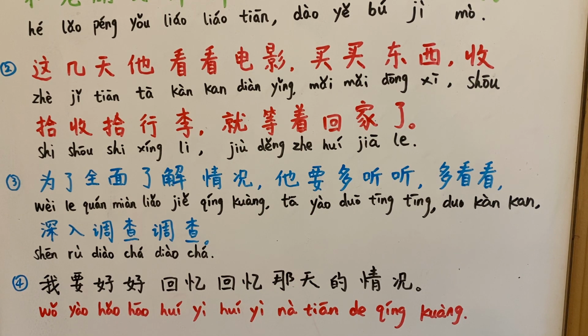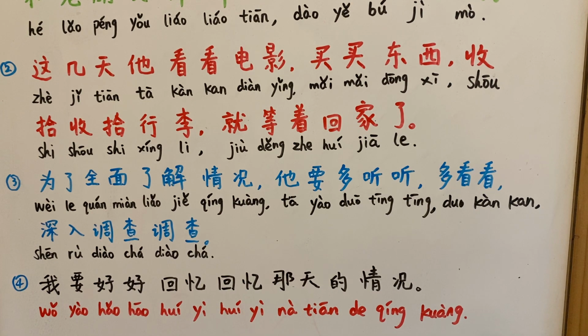I will remember with my pace. 那天的情况, the situation that happened that day. 那天的情况, so 那天的, we will talk about the adjective ending with 的. 那天 literally means that day. So here, that day's situation, the situation of that day.